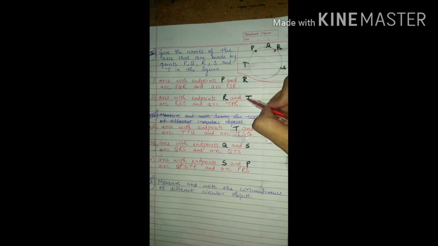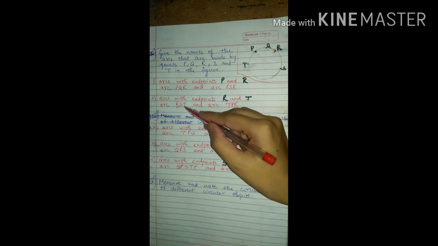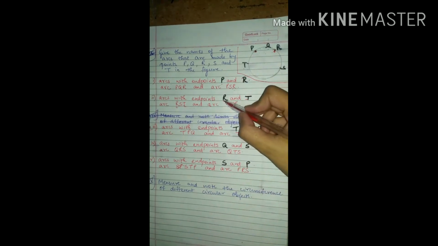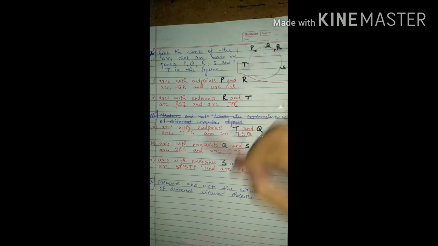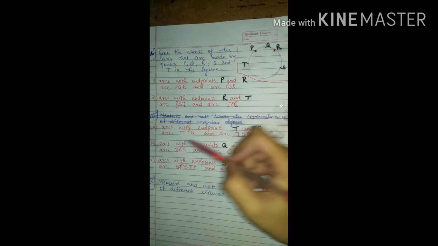R and T as the end points, so R and T should be one at the first place and one at the last place. Similarly, there are many more arcs with different end points.